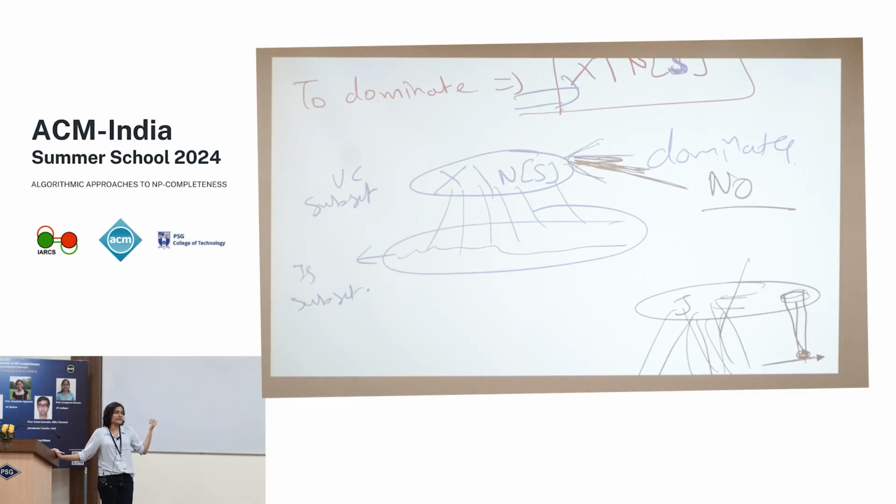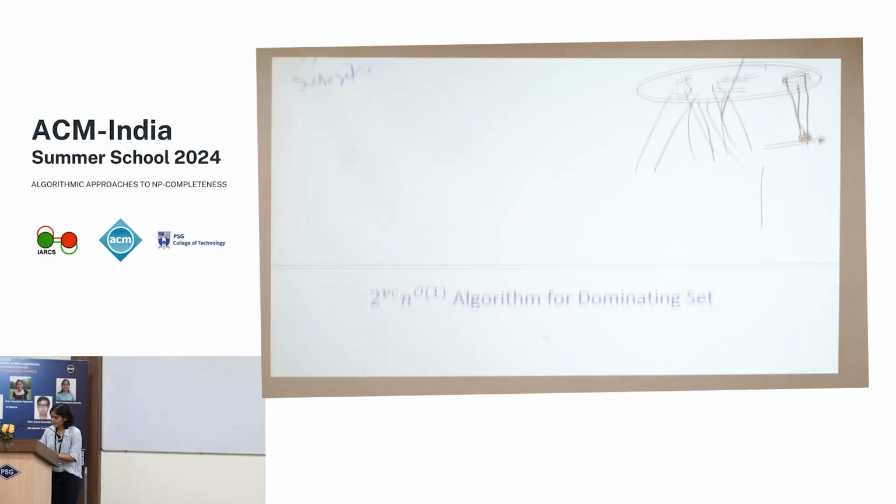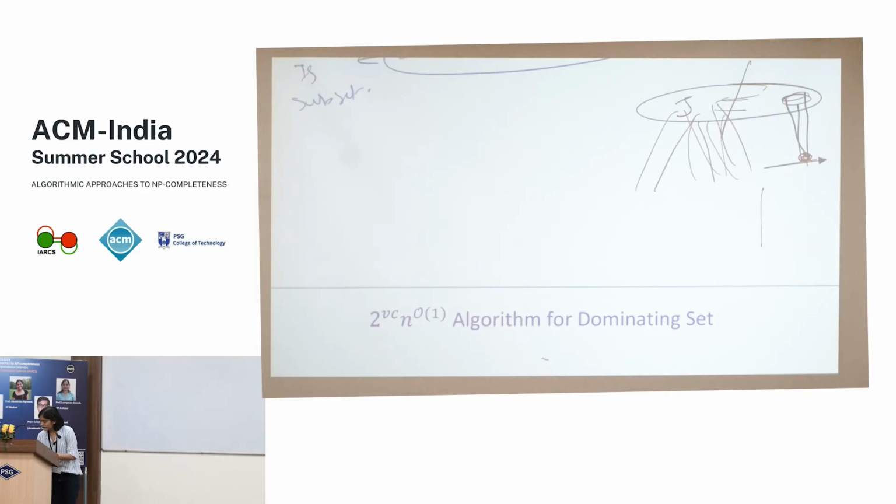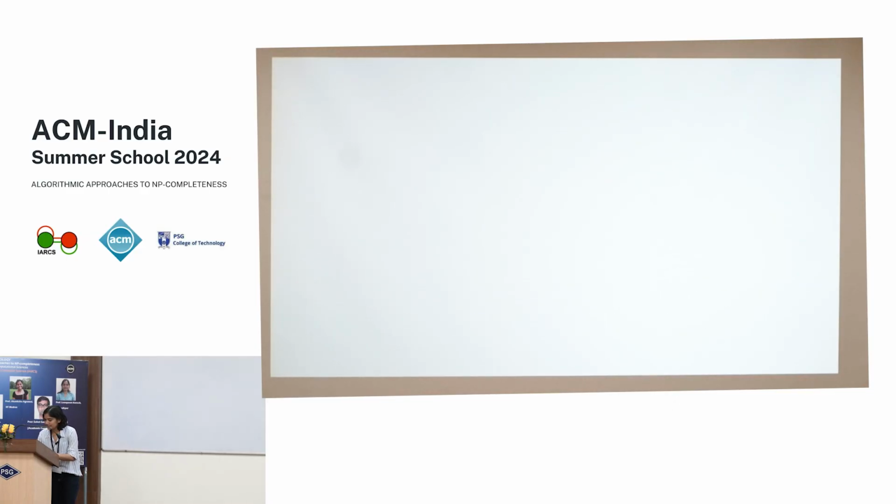Okay, now give me a set cover reduction from here. The universe is the set which is not dominated. What is the family? The closed neighborhood of the independent set vertices, right? Let's write it here.